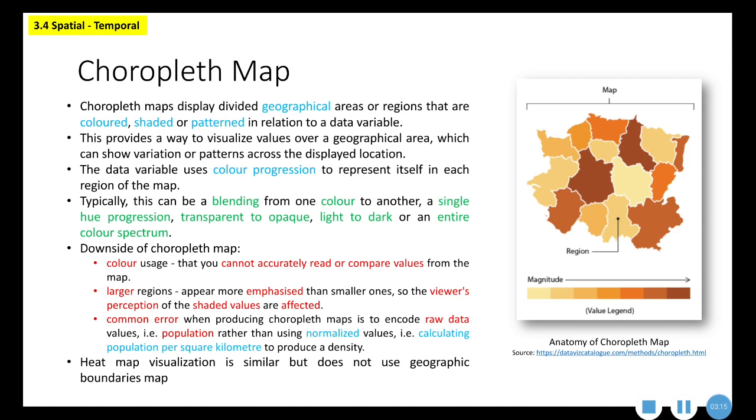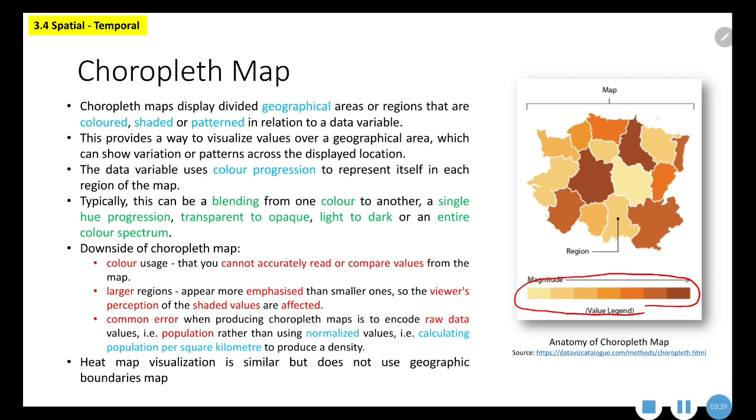And this representation provides a way to visualize values over a certain geographical area, which can show variation or patterns across the displayed location. And the data variable uses color progression, as you can see in the value legend here, to represent itself in each region of the map.